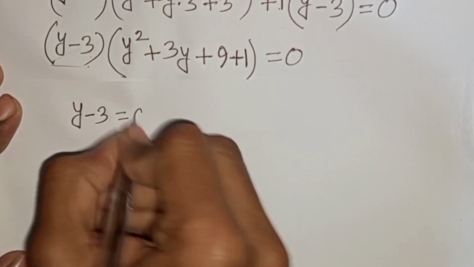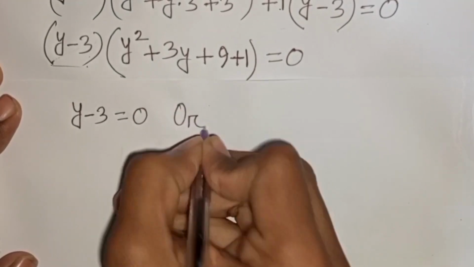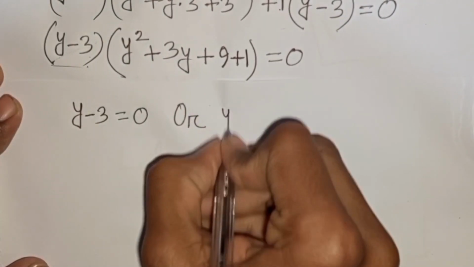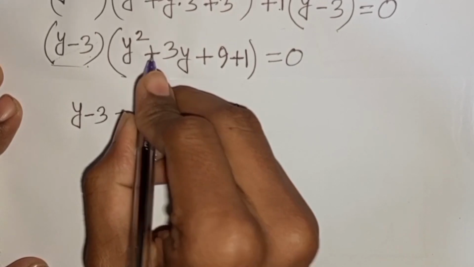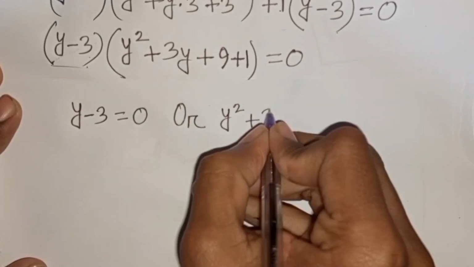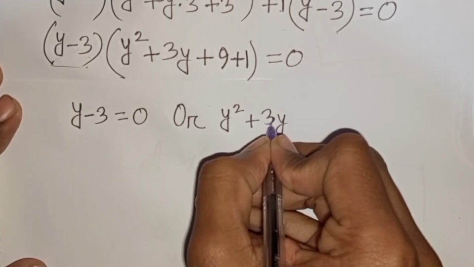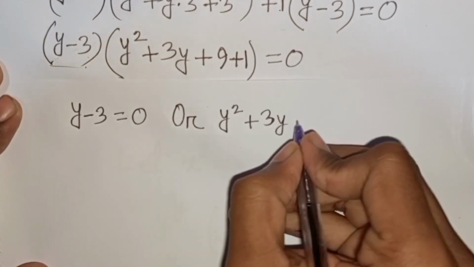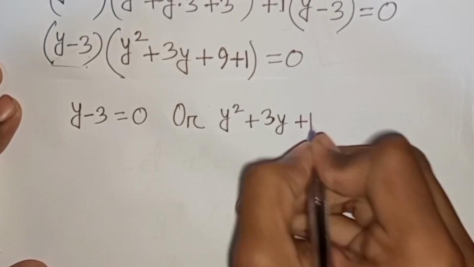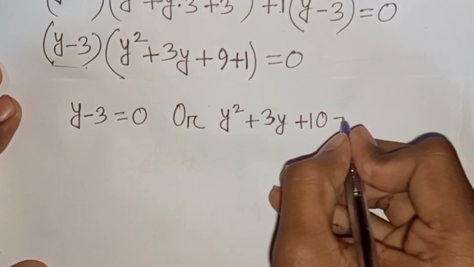or y square plus 3y, then plus 9 plus 1, that means plus 10, is equal to 0.